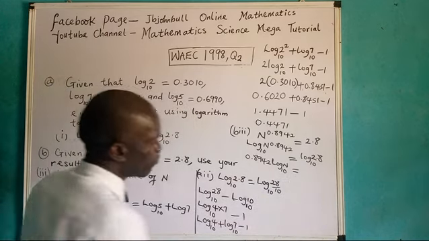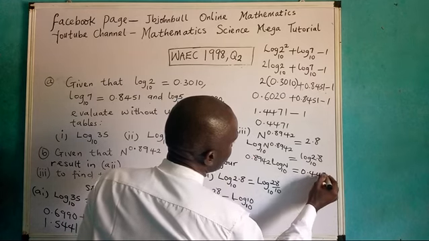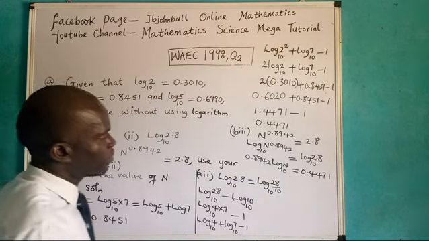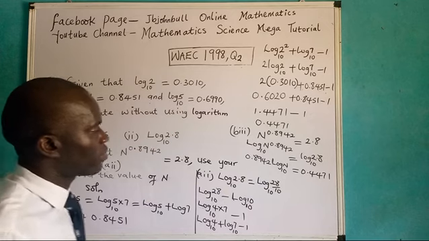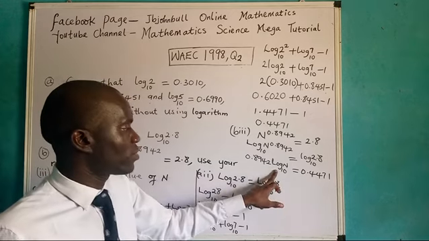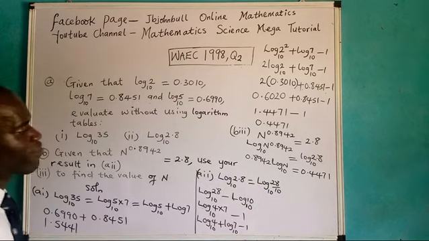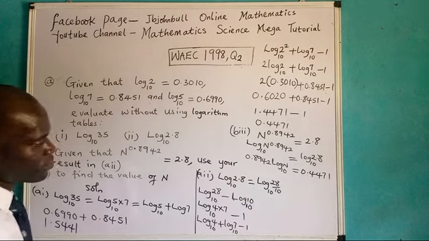We're having 0.4471. Okay, we can now divide both sides by the coefficient of this very one, log n is 10, and the coefficient is 0.8942.